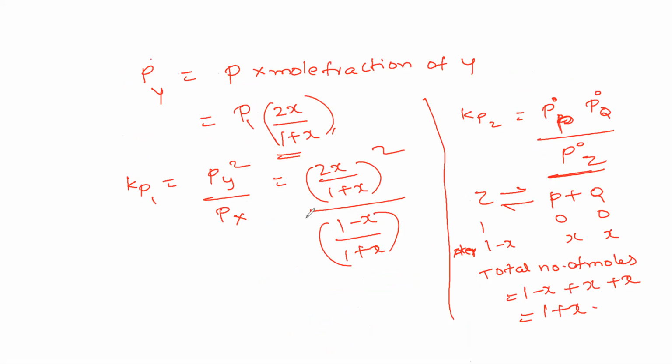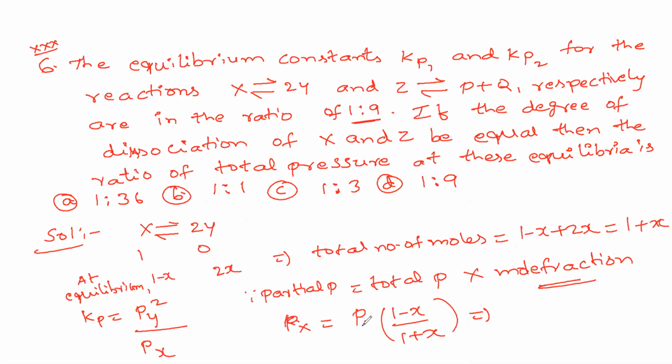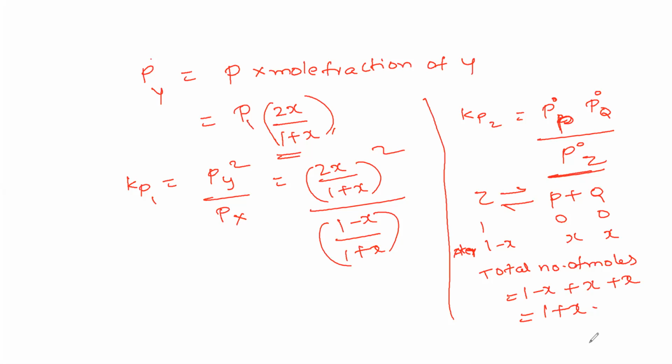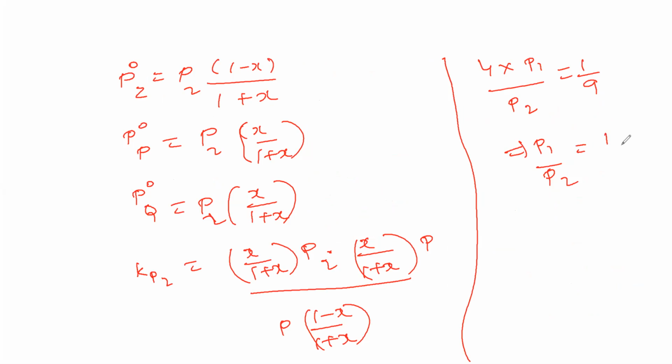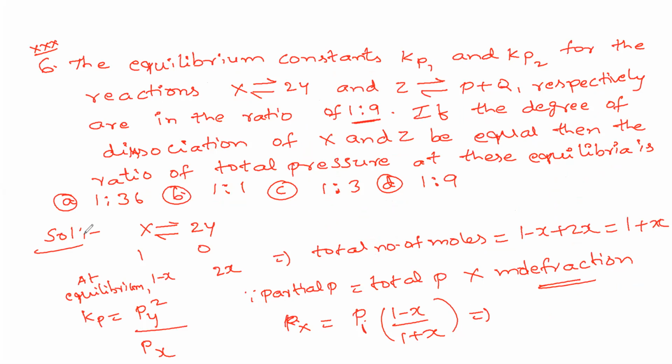So here also we can take P1. So now we can easily consider, P1 by P2 is equal to 1 by 36. Answer is 1 by 36. You can cancel that out, so please do it properly. So answer is the first option, that is 1 is to 36.